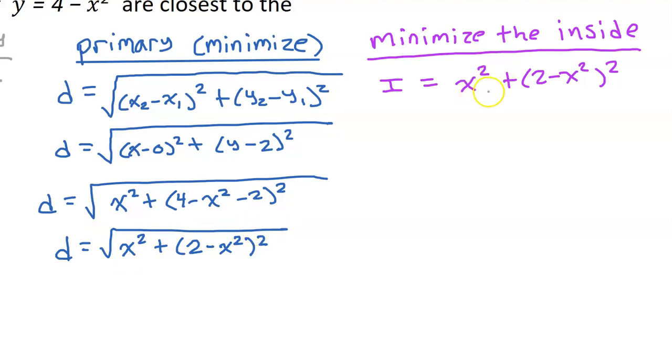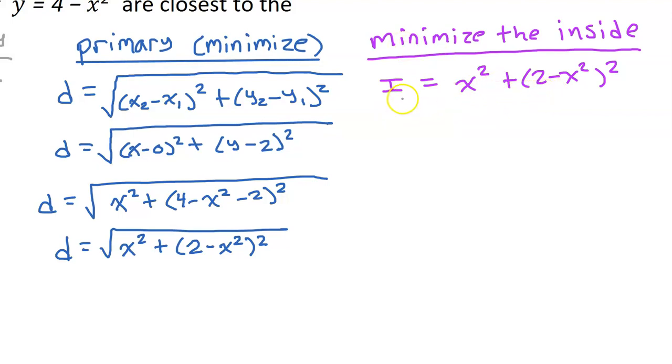So if we find the x value that makes the inside part the smallest number possible, then that same x value will automatically make the entire square root as small as it could possibly be. So I hope you followed that. So I am going to use that shortcut.